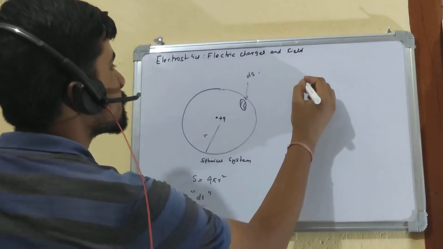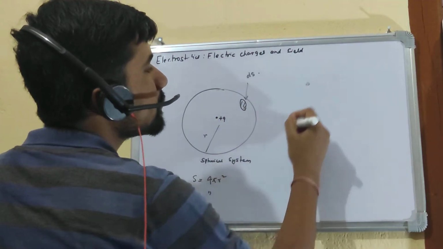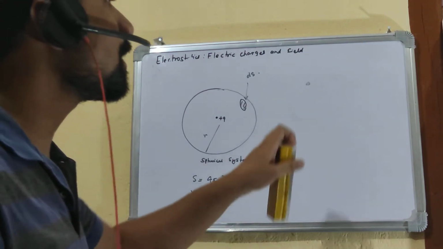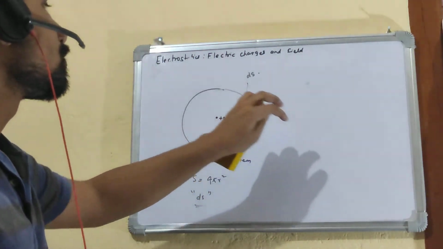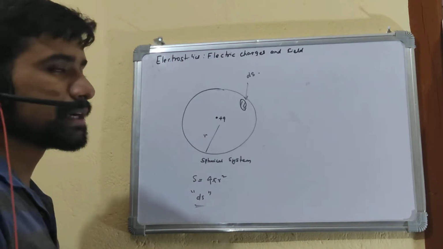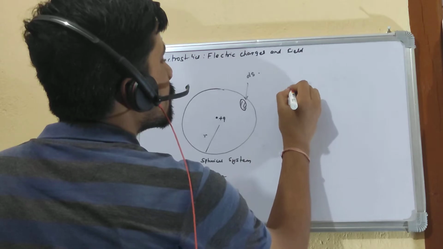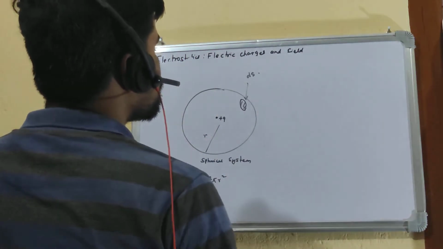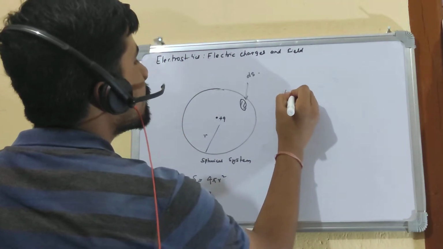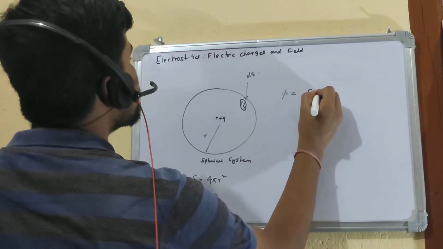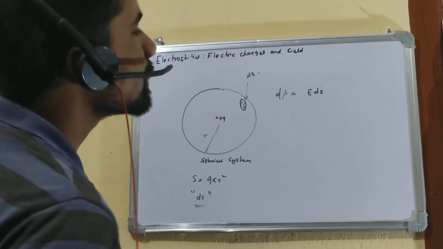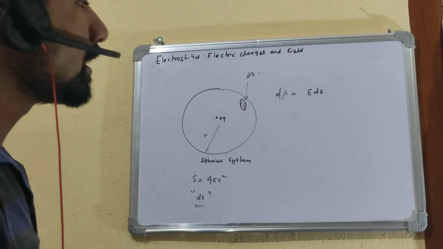So net flux is given by what? The flux is given by the symbol phi. Net flux through this ds will be E into ds. Since it is a small area, let's say d phi is given by E into ds.